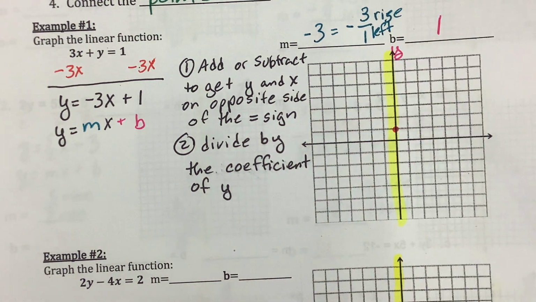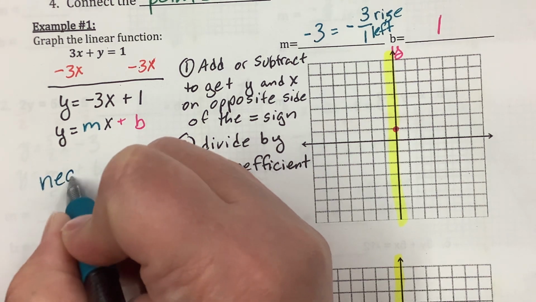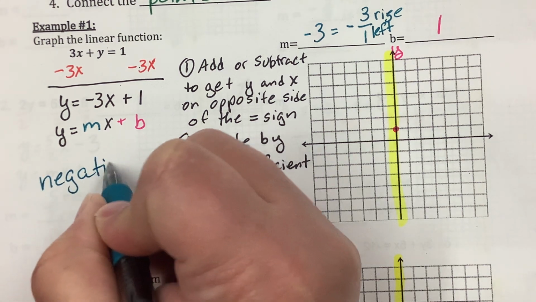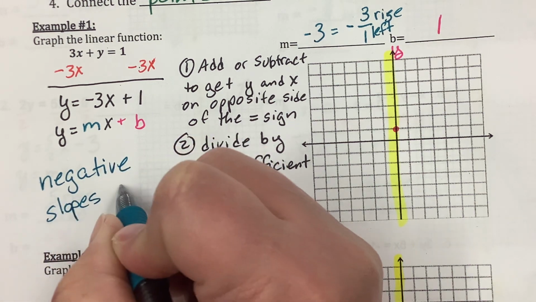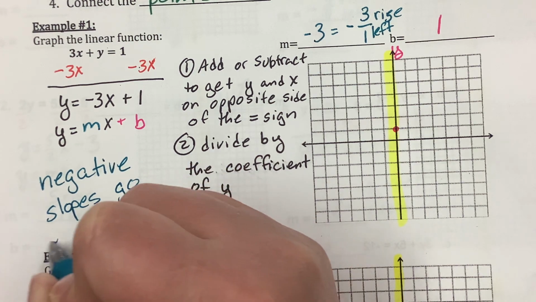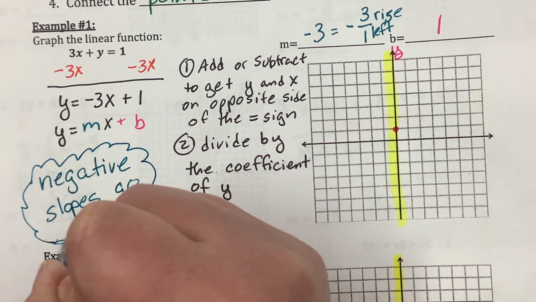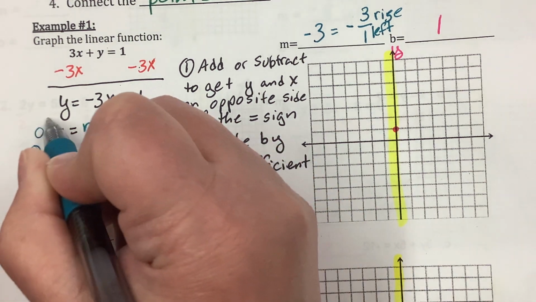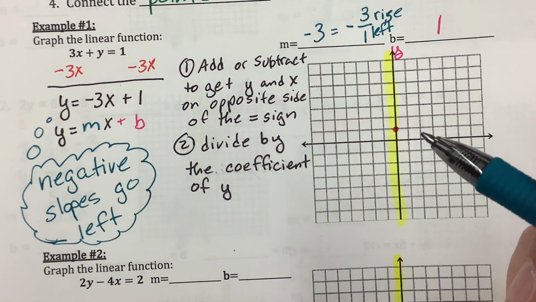Matter of fact, let's make a big thought bubble here. Negative slopes go left. Big bubble of thought there. And that is for this right here, negative 3. Because it's negative, I'm going to go to the left.